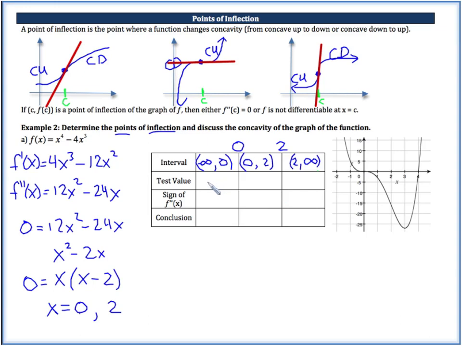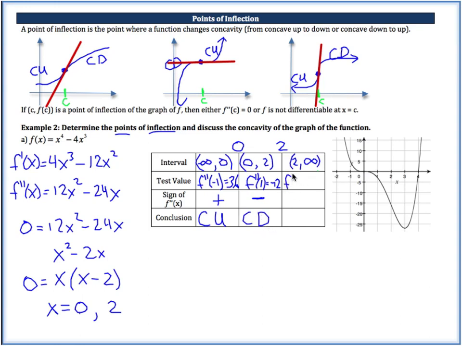Let's try -1. -1 squared is positive, times 12 is 12, minus 24 times -1, so that's plus 24, and that is 36. We get a positive second derivative, so the conclusion is concave up. For the next interval, we could try f double prime of 1: 1 squared is 1 times 12, so 12 minus 24 times 1, we get -12. The second derivative is negative, so this is concave down.